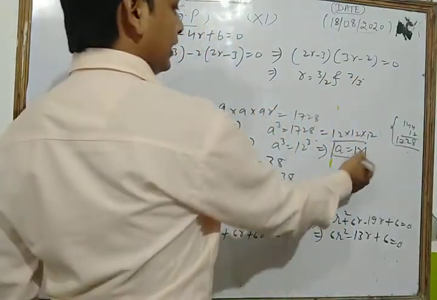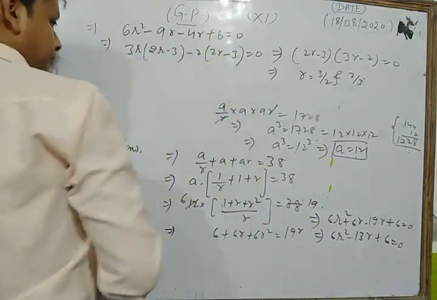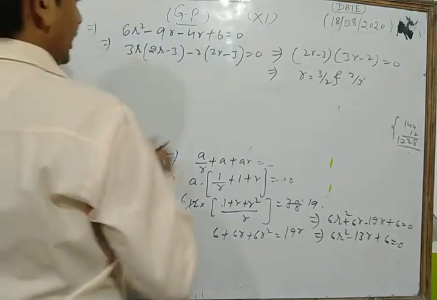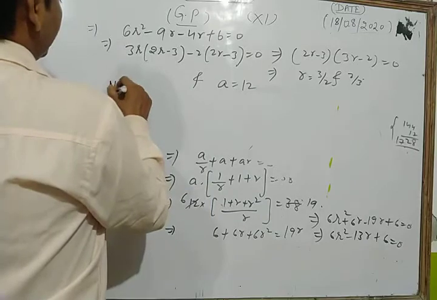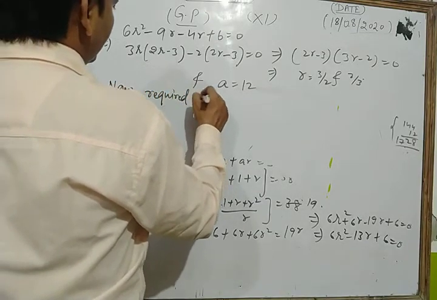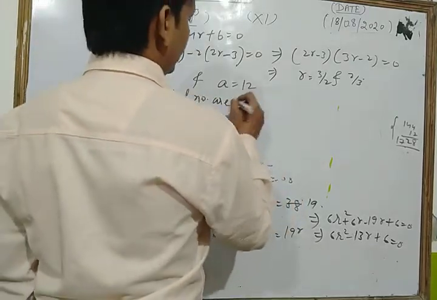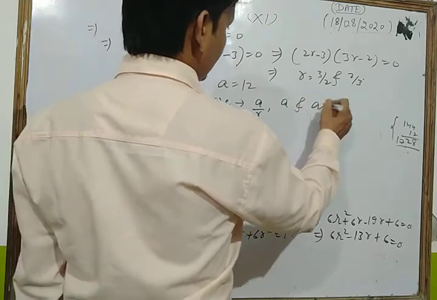And we already found the value of a, which is 12. Now the required numbers are a upon r, a and ar.